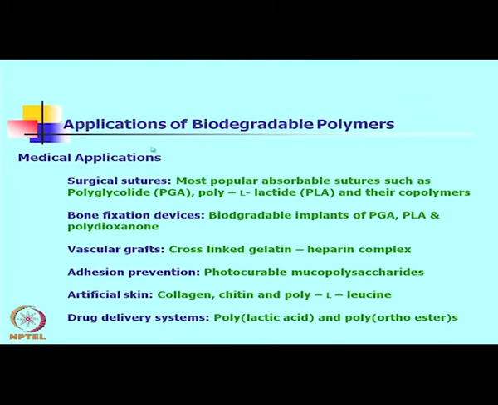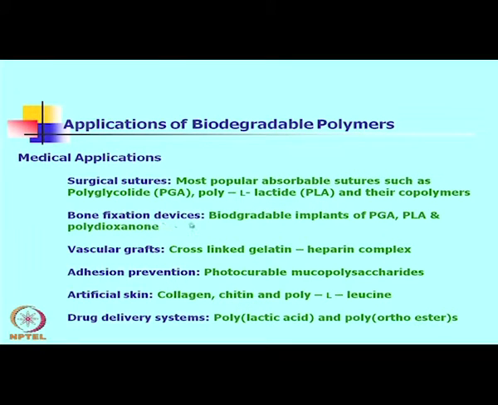And for the application of biodegradable polymers, we can mention the surgical sutures. So, most popular absorbable sutures are polyglycolide PGA, poly-L-lactide PLA and their copolymers. These are used as very good bioabsorbable sutures.